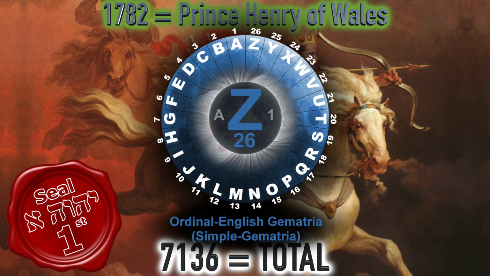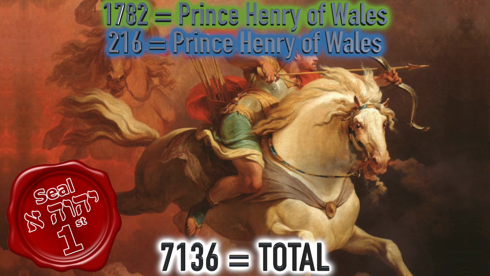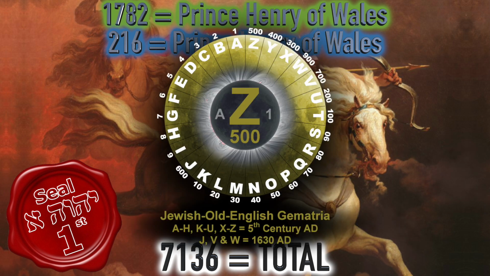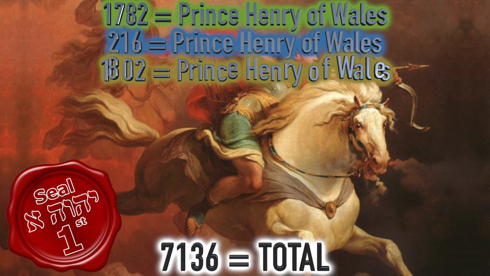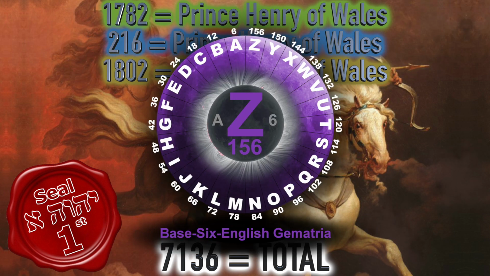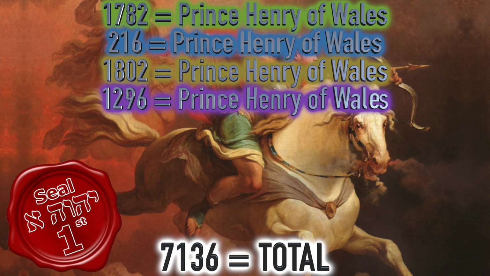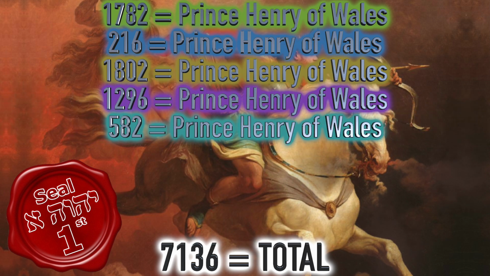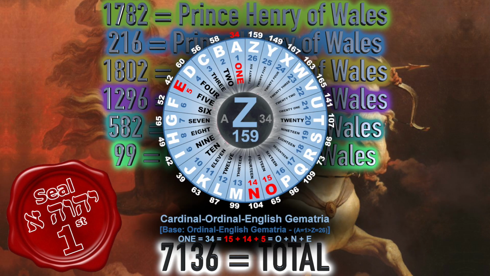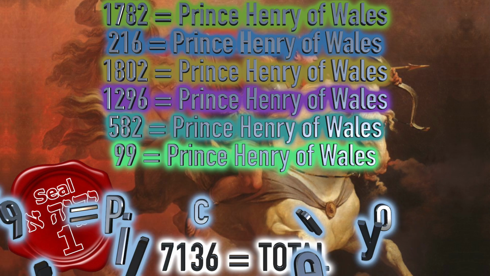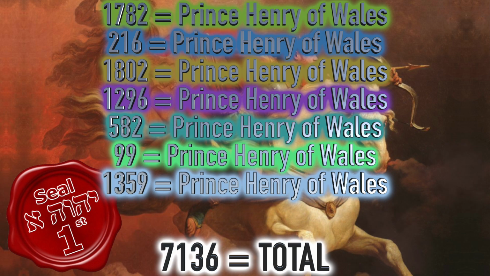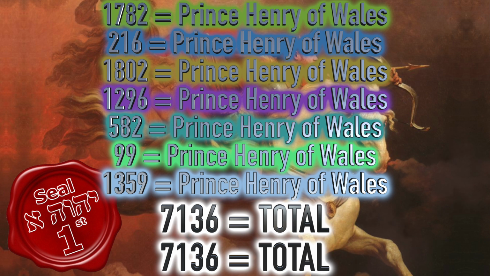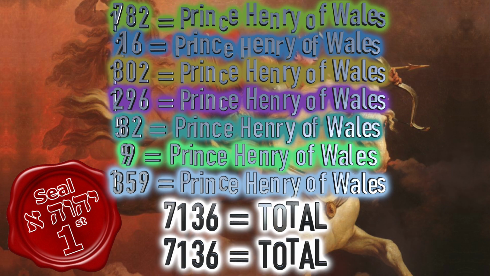And using Ordinal English Gematria, it equals 216. And using Jewish Old English Gematria, it equals 1,802. And using Base 6 English Gematria, it equals 1,296. And using Standard English Gematria Binary, it equals 582. And using Latin Gematria, it equals 99. And using Cardinal Ordinal English Gematria, it equals 1,359. If we add up all these numbers, we get 7,136.